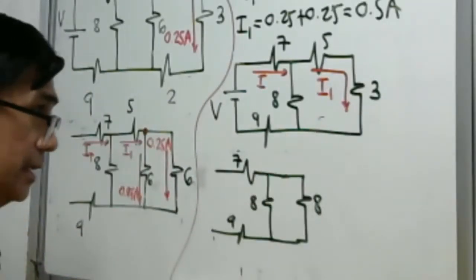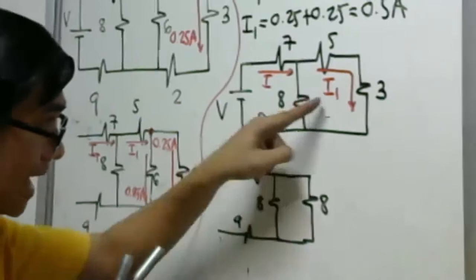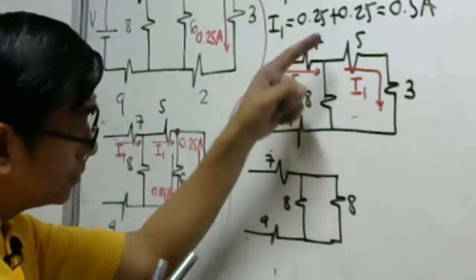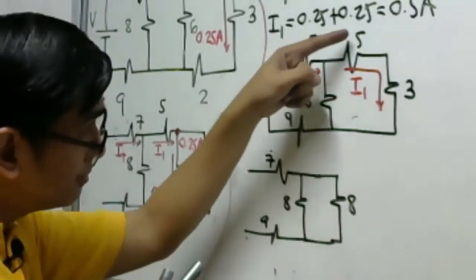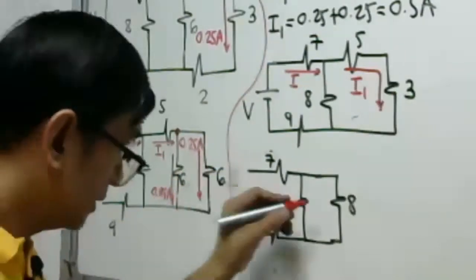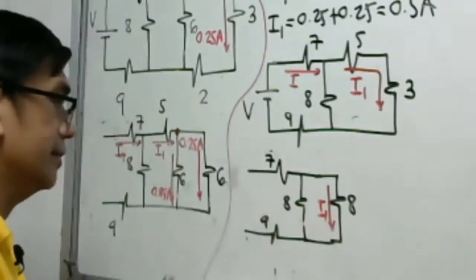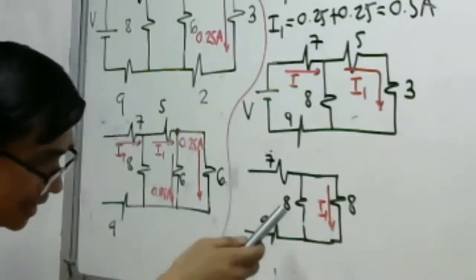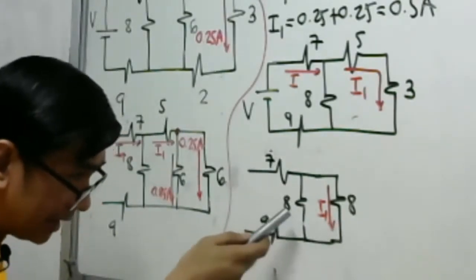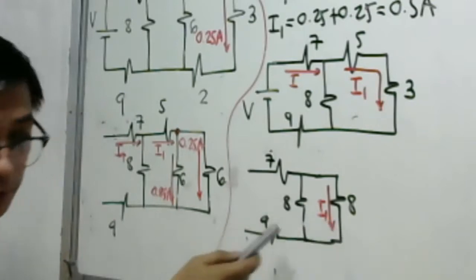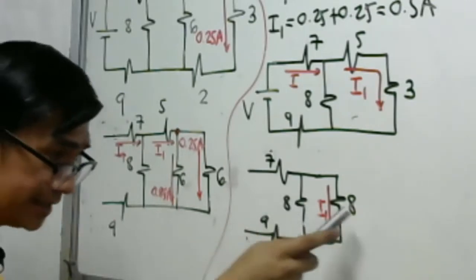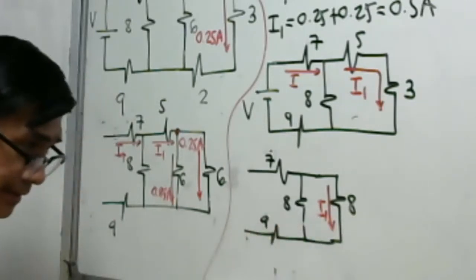So 8. Remember, the I1 is the one flowing to the series combination of 5 and 3. Of course, this is our I1, isn't it? Okay? So this is very easy. This is 8 and 8. So 8 over 2. Again, branch resistance over the number of branches.